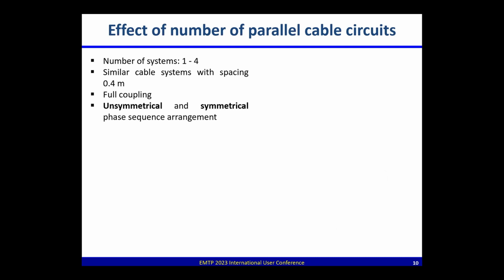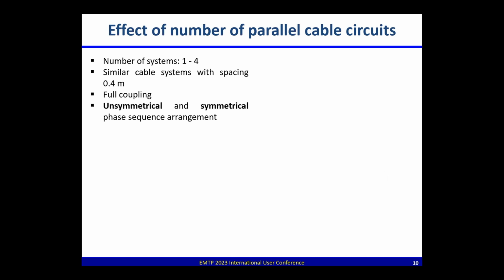So here we have examined the voltages at one specific circuit by adding 2, 3, and 4 parallel circuits. And the spacing between the cable systems is 0.5 meters. Again, we assume full coupling, and also there are two kinds of arrangements when we have parallel circuits, the unsymmetrical and symmetrical.